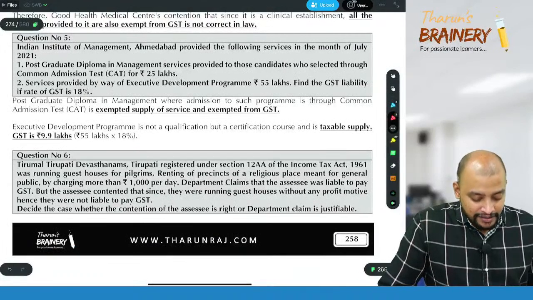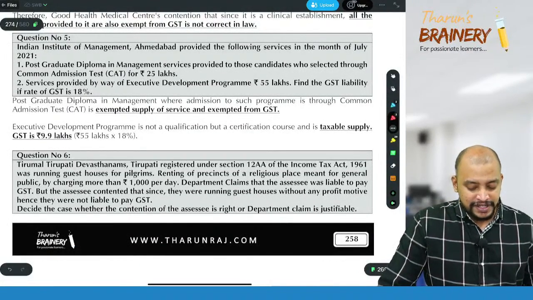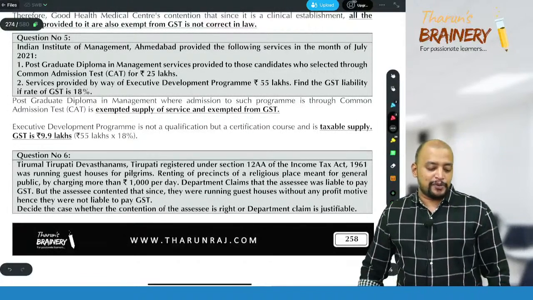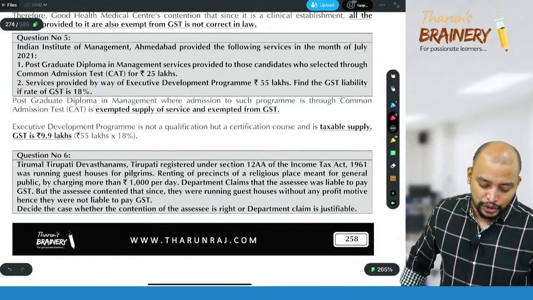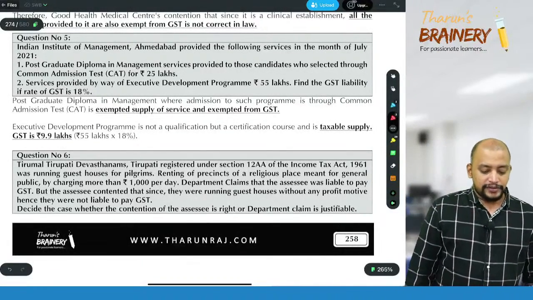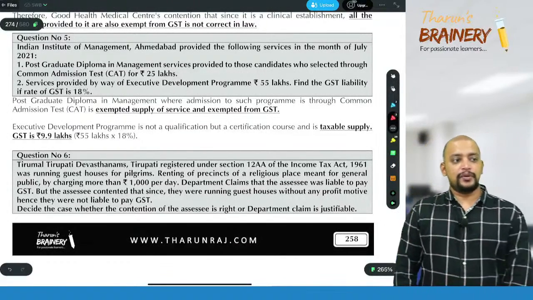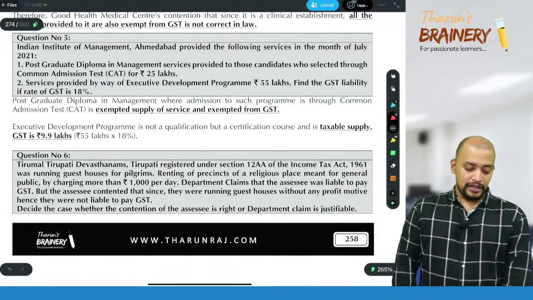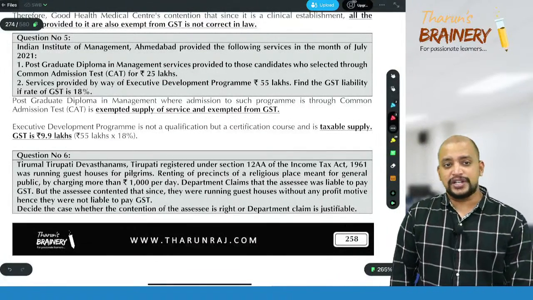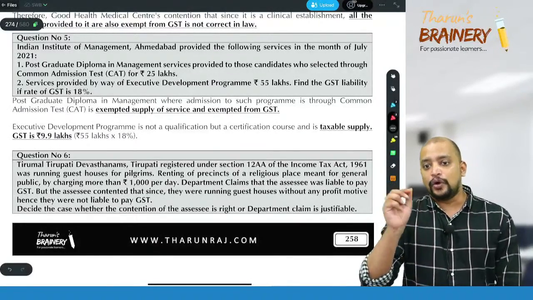Question number 5. IIM Ahmedabad provided the following service in the month of July 2021. Postgraduate Diploma in Management service provided to those candidates who were selected through CAT for 25 lakhs. Exempted. Why? IIM will be considered under educational institution unless they give a certification course.